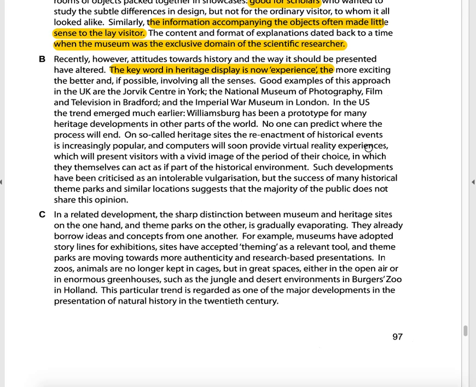We will soon provide virtual reality. Wow. Which will present visitors with a vivid image. Such developments have been criticized. So it says about changing museums to make it look more realistic. So we can see here virtual experiences.